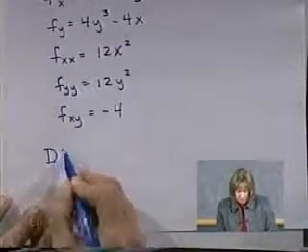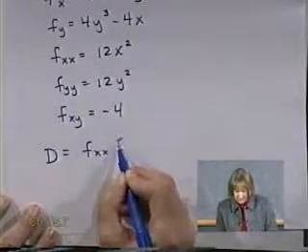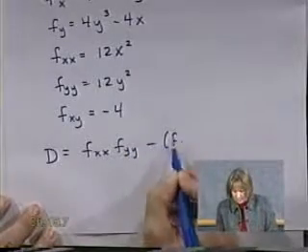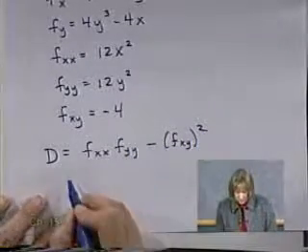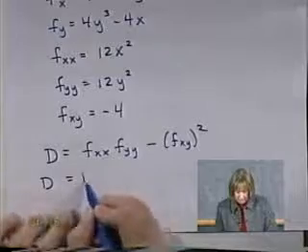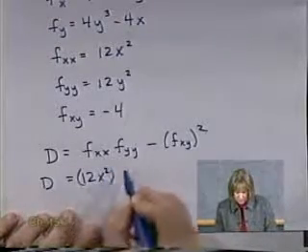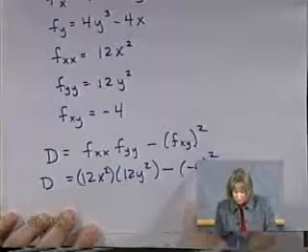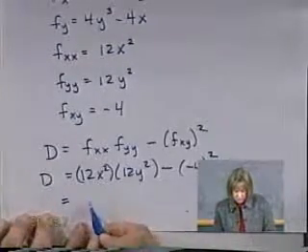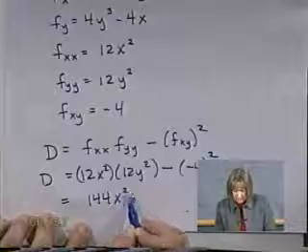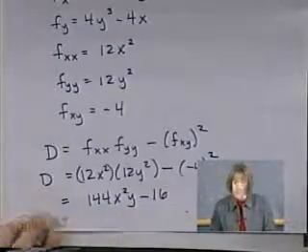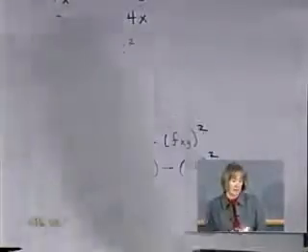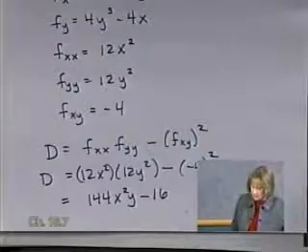So our discriminant, which is fxx times fyy minus quantity fxy squared, is going to be 12x squared times 12y squared minus a negative 4 squared, which looks like 12 times 12, 144 x squared y squared minus 16. Okay, that's what we got our discriminant to be.